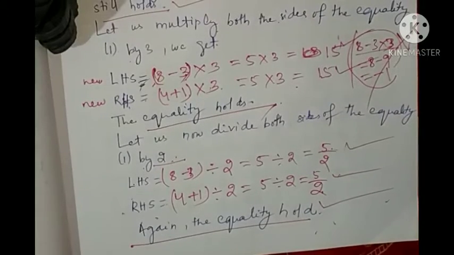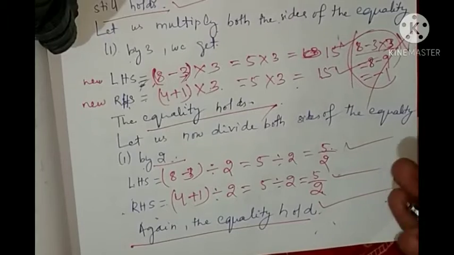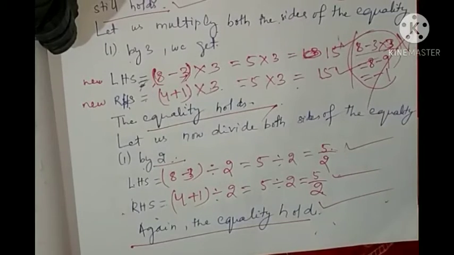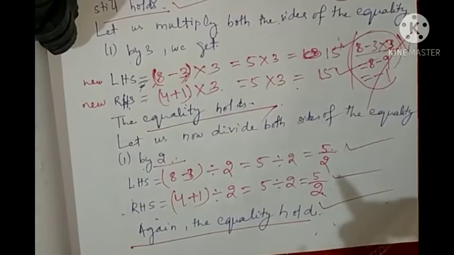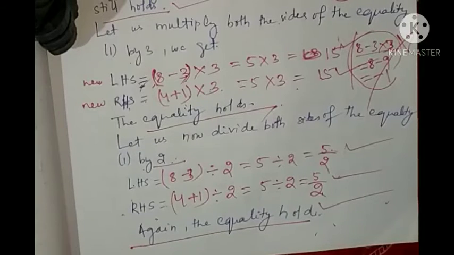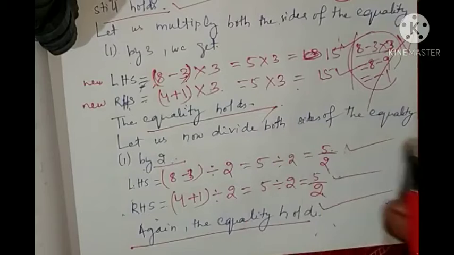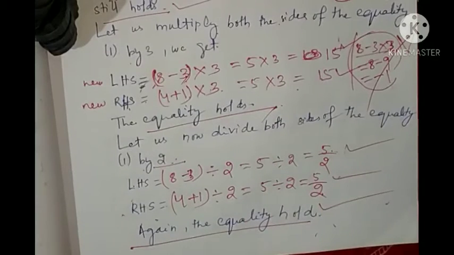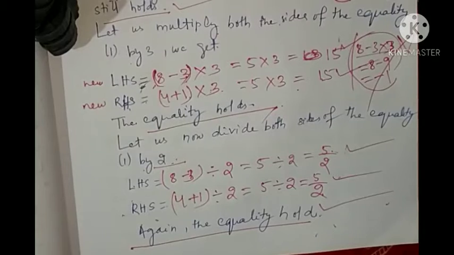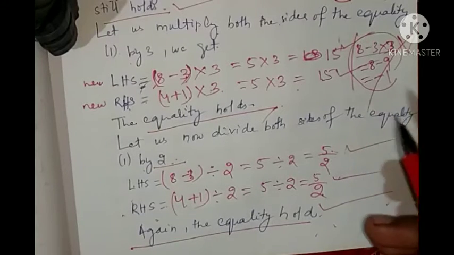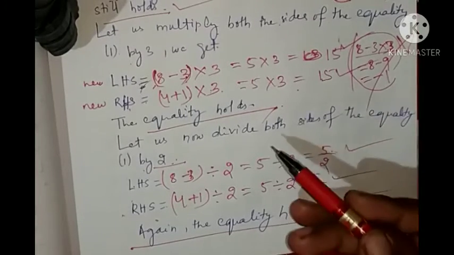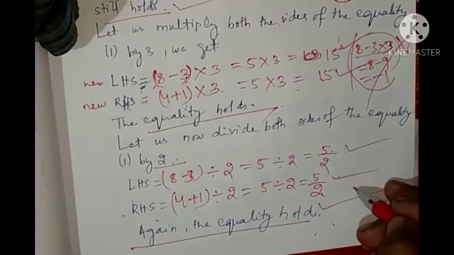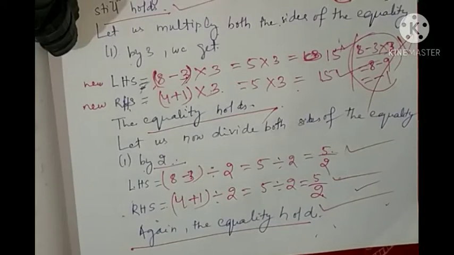So when you are multiplying or dividing by the same non-zero number, always remember, non-zero number, not zero. You are not including zero. You can use any number except zero. When you multiply or divide by a non-zero number, the equality still holds, meaning you will get equality again.